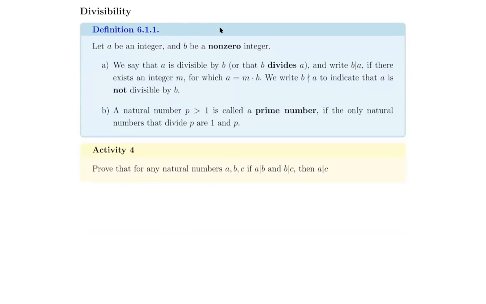Divisibility is our last topic. This is just high school material, to be honest. The only thing you might not know is a notation. This means B divides A. B divides A. Okay? Or A is divisible by B. If there is any blah blah blah.